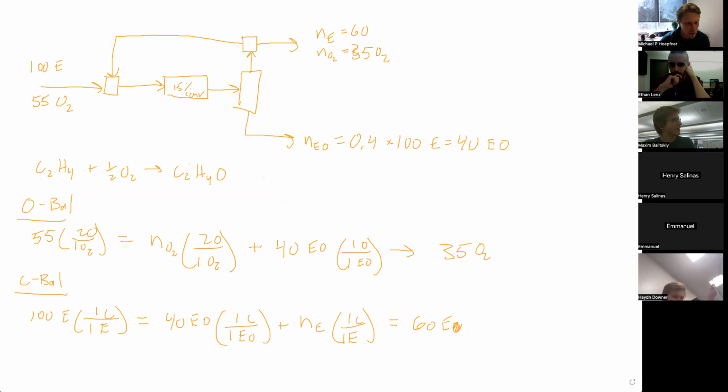Okay, let's see. If we work out that we have 15% conversion, 0.15 is equal to moles reacted over moles fed.